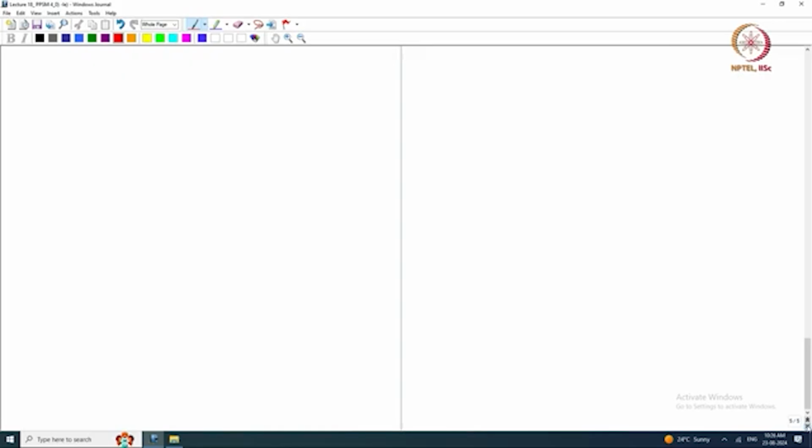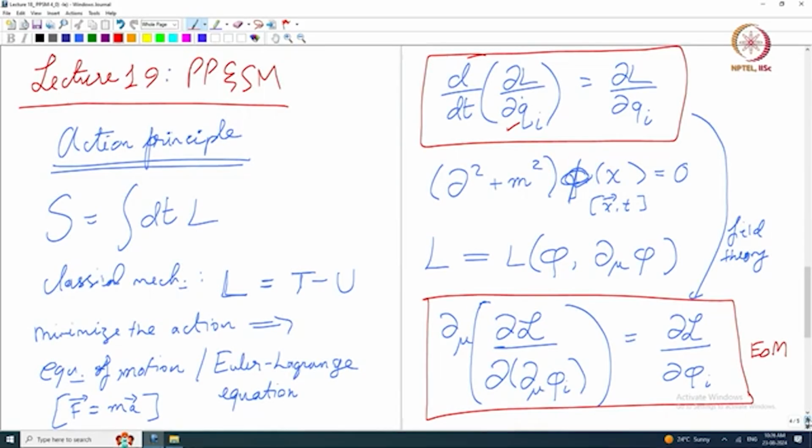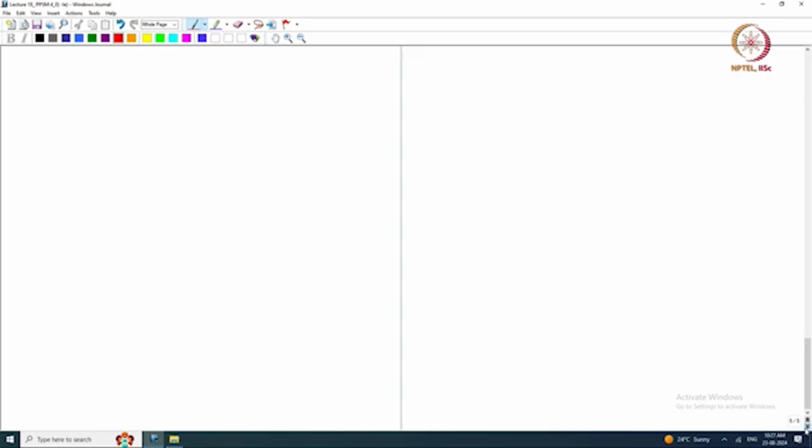That's because we already saw this in the case of the Klein-Gordon equation. The Klein-Gordon equation is manifestly local, do you agree? It all happens in one point in space-time, right? So the derivative is in one point in space-time, the field I'm writing as one point in space-time, of course m square doesn't matter, right? So since it is local, and I can assure you that any equation of motion that you write down in quantum field theory will be local, we are describing local phenomena, I can write in the action, okay.